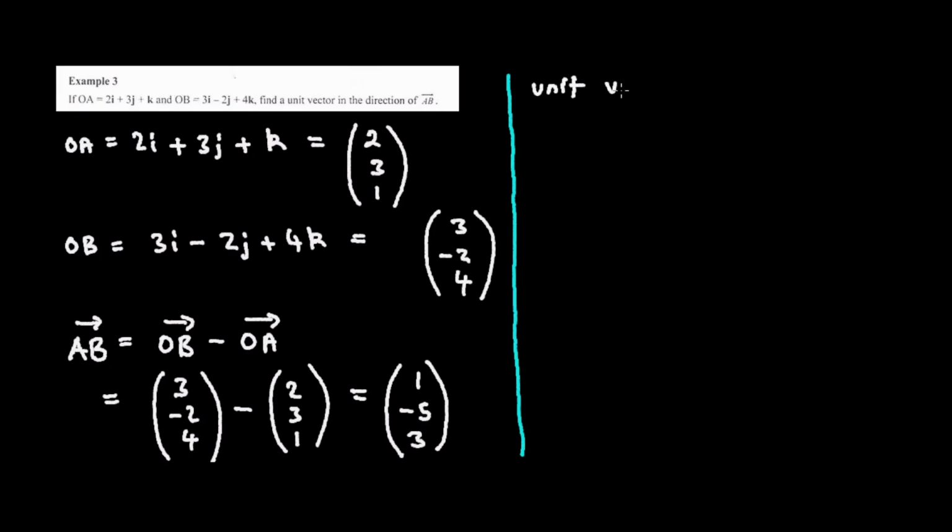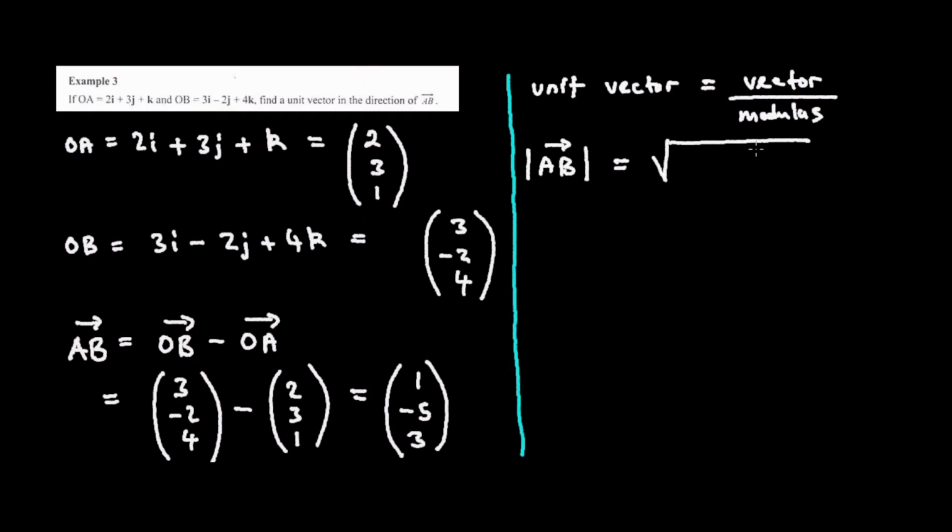We know kuti tikuda kuzotsvaga a unit vector, and a unit vector is given by this formula, vector over modulus. Saka panapa takuda kutsvaga the modulus of AB, which is equal to the square root of 1 squared plus minus 5 squared plus 3 squared.